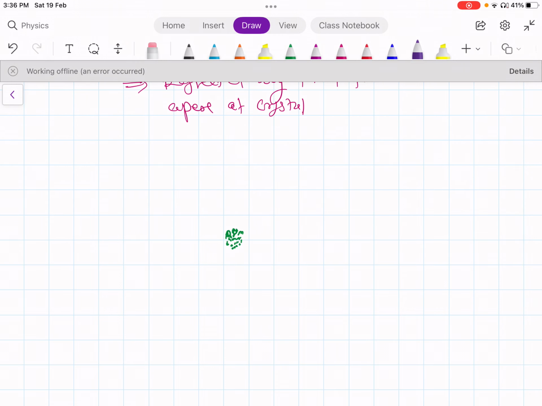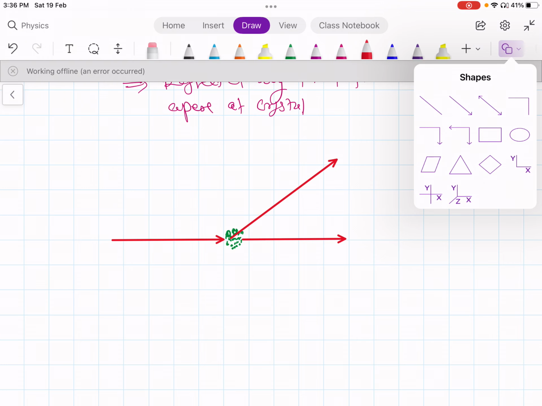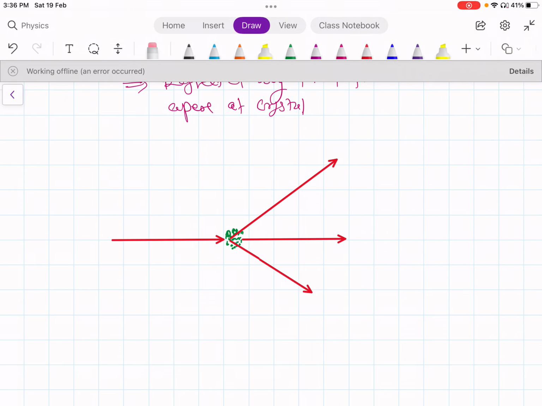Here is the powder sample. Suppose we take one set of parallel planes. This is the incident X-ray. Most of the X-rays go straight. Then, if you take one set of parallel planes, that set will have correct orientations in all directions. In every direction there would be by chance one or two tiny crystals which satisfy Bragg's law.